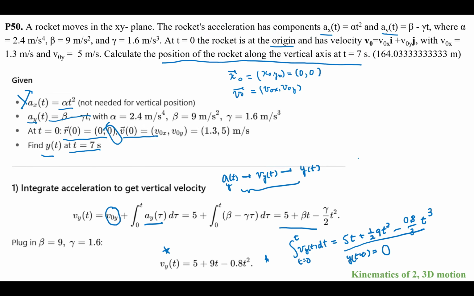So to summarize what we have done, if the acceleration is given as a function of t, then with certain initial conditions, let's say r0 and then v0, you can calculate the v vector by integrating the acceleration, plus v0, and then from this you can calculate r, which is given by the integral of v, plus r0.